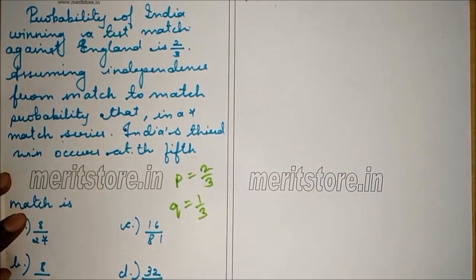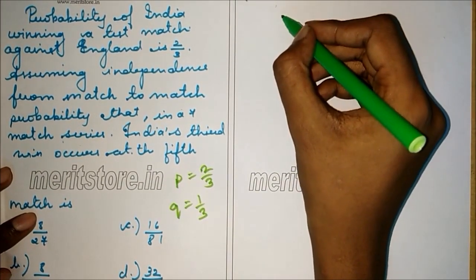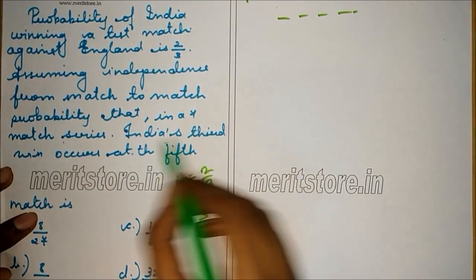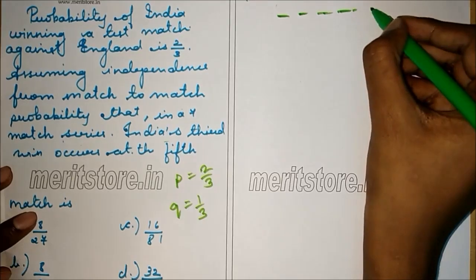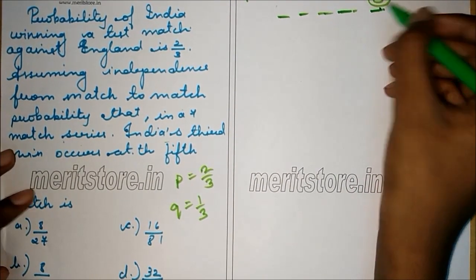So what we have to find is there are 7 matches and India is supposed to win the third time in the 5th match. So 1, 2, 3, 4, 5. So third win should be at the 5th match.